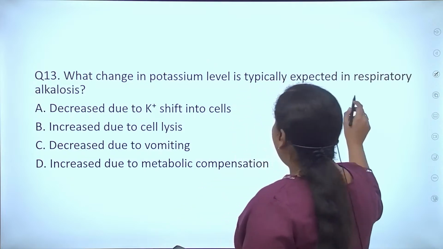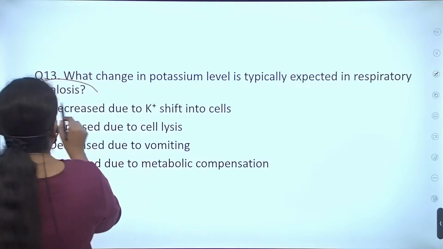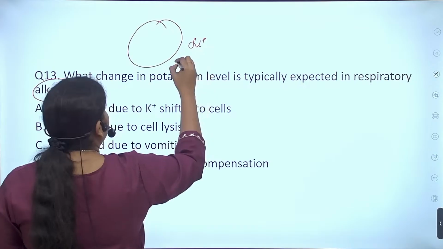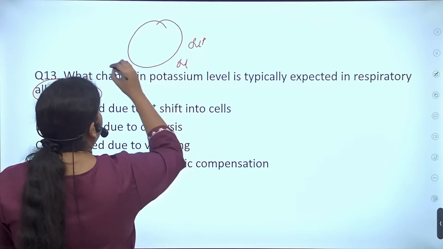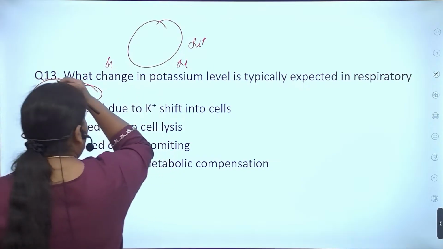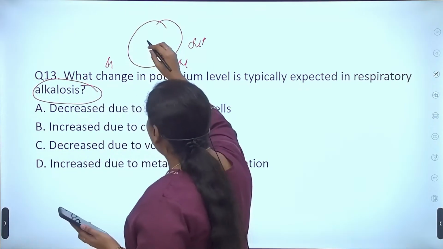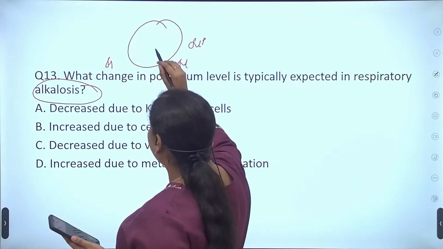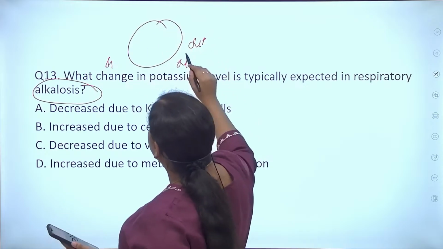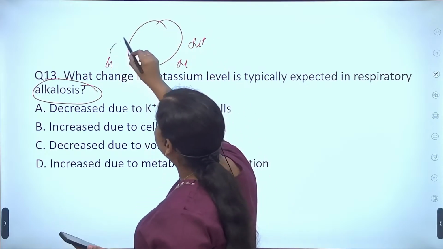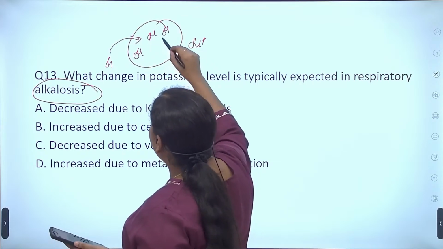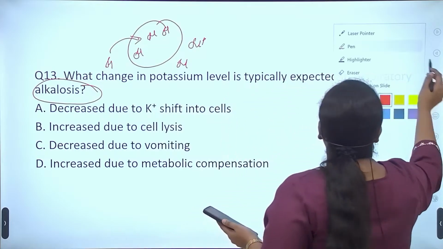Yes. So here, as I said, in case of alkalosis, there will be very few hydrogen ions outside. So decrease due to potassium shift into the cells.